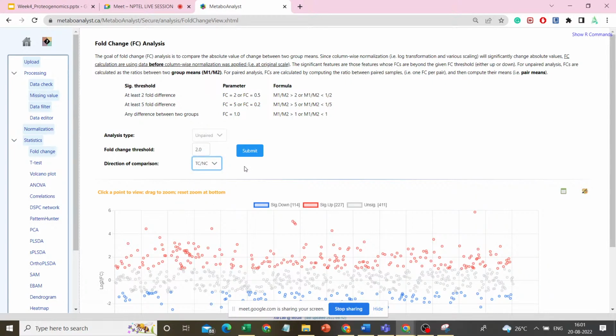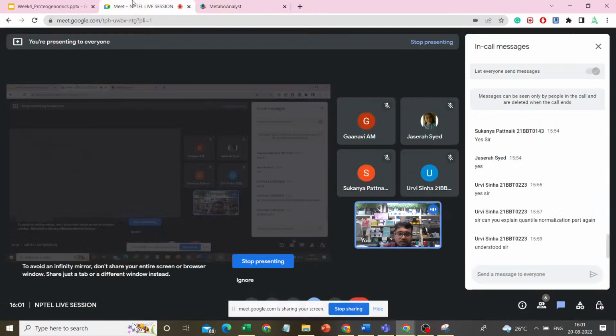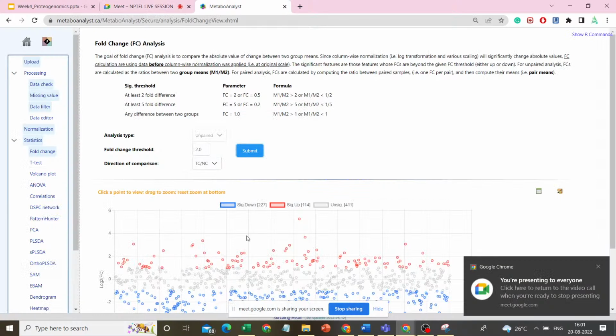TC versus NC means tumor versus normal. If you check with fold change 2, you can see that there are 214 significantly upregulated proteins in the disease state, and 227 downregulated. Okay, fine. So everyone can understand how to identify those proteins.